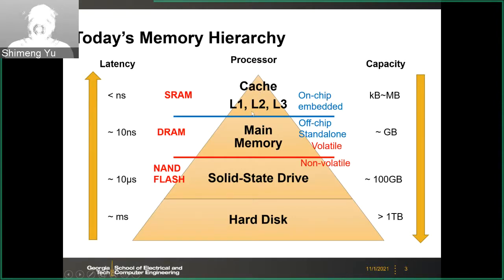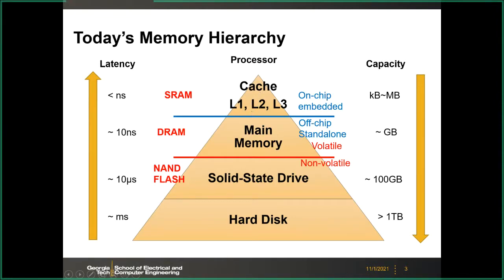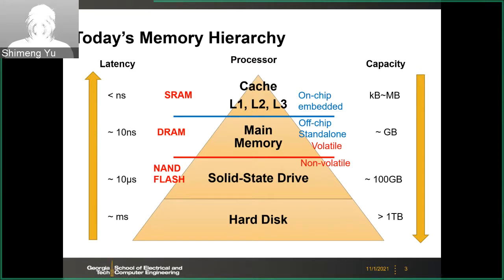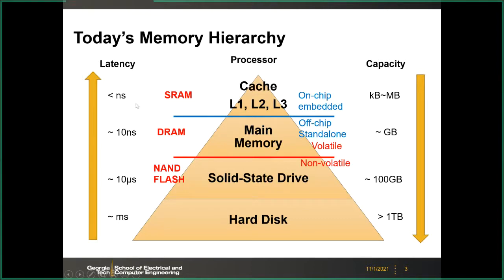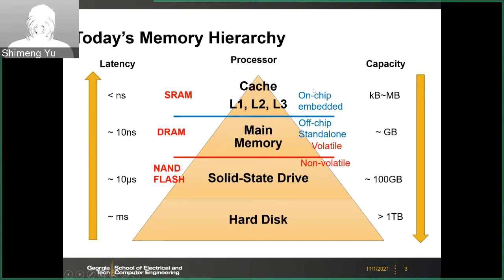You have to size the SRAMs, W over L, in order to meet the demand for different levels of the cache. Typically SRAM is a few nanoseconds or even below nanoseconds, and the capacity is in the kilobyte to megabyte range. This is on-chip embedded memory on the same chip with the processor, either your CPU or GPU. They have a lot of caches.